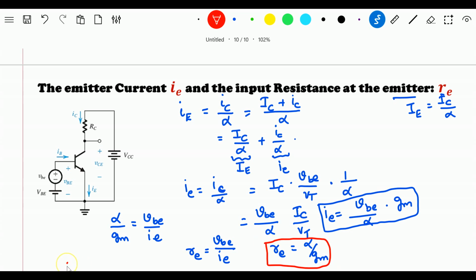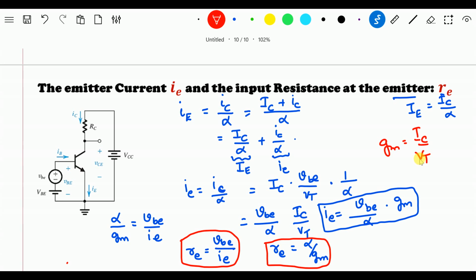Okay, and you also got RE, which is VB by IE, and we got IE equals VB by alpha into GM, and I can also say GM equals IC by VT. I hope you got how to derive the equation for the collector current.